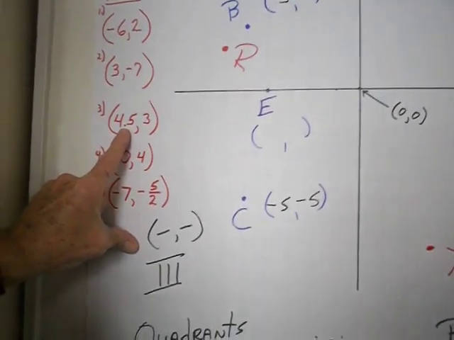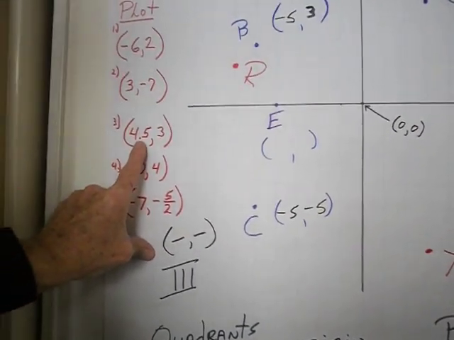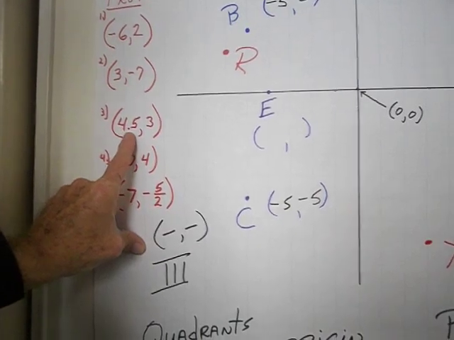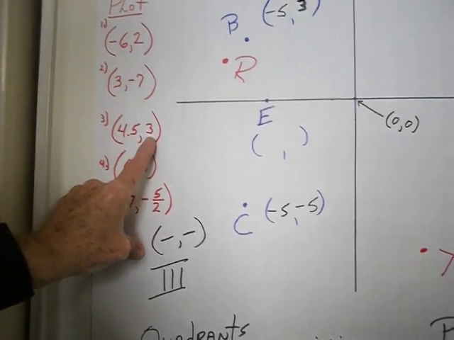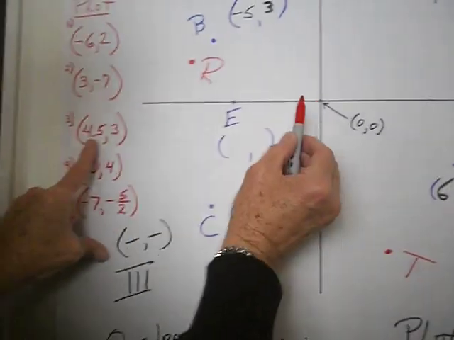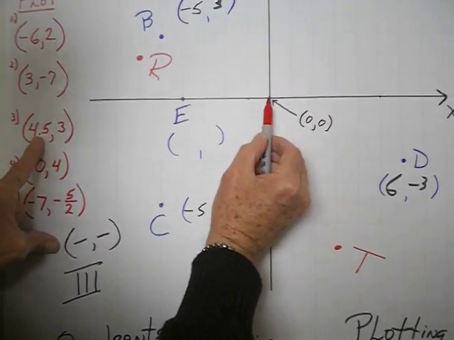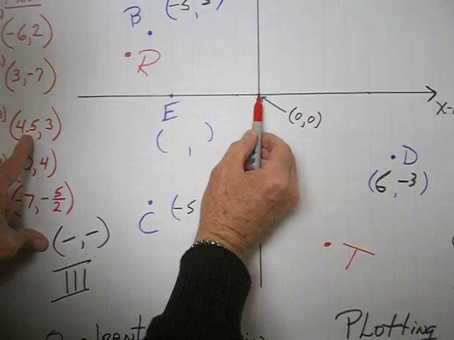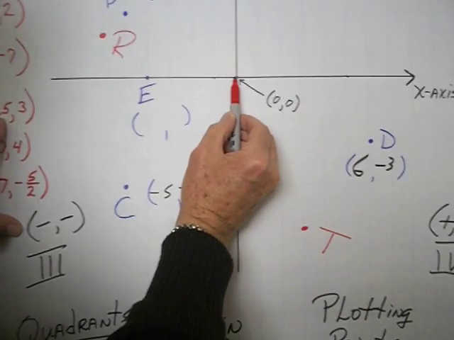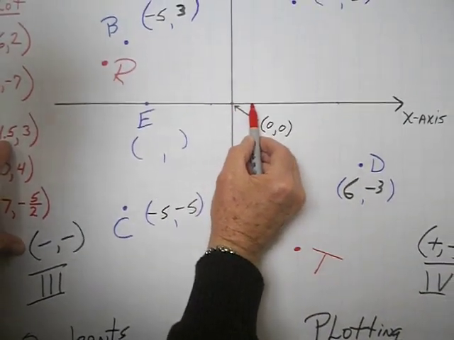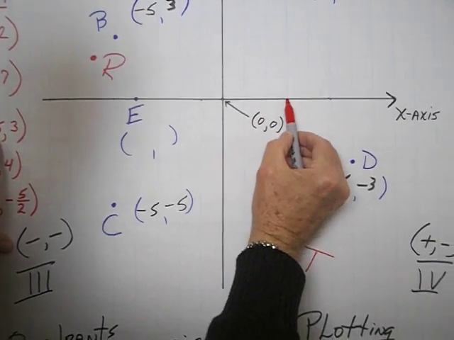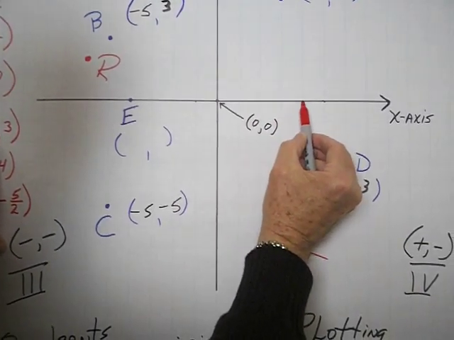Number 3, a little bit different x value, we wanted to show it. X is 4.5, y is 3. Begin at the origin. X is positive, move to the right, 4.5 units. 1, 2, 3, 4.